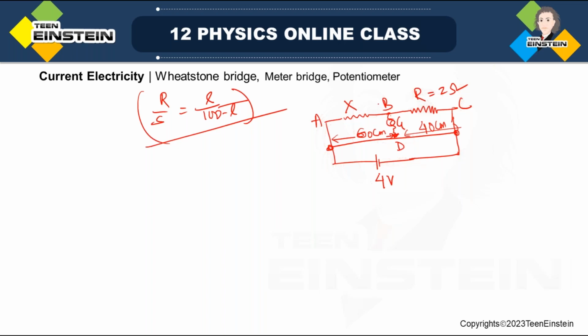Here one point is given: assume that the resistance per unit length of the wire is given as 0.02 ohm per centimeter.